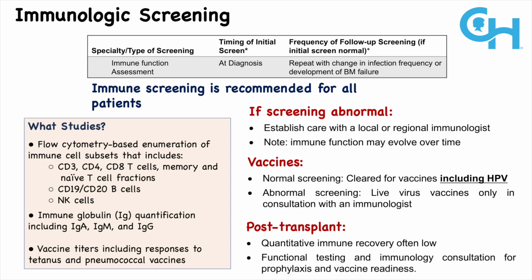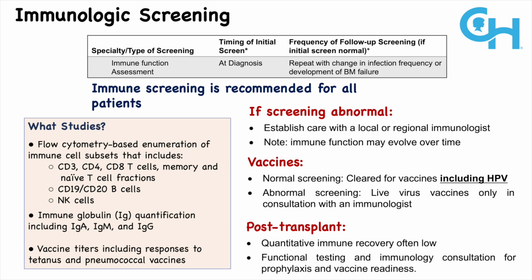Okay, immunologic screening. As you all know, there are immunologic abnormalities that have been associated with telomere biology diseases, and so every patient in the partial or full screening category really should have a baseline immune function assessment. What are the studies there? This might be too much detail for some, too little detail for others.